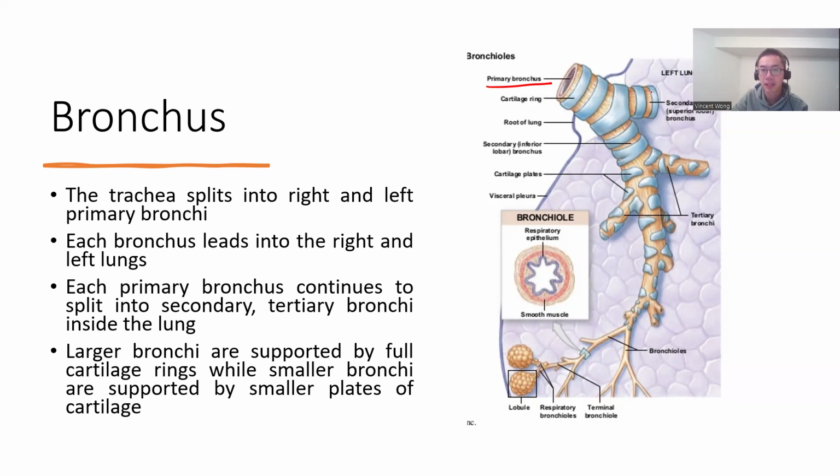You have the secondary, tertiary, and once you get down to the tertiary, you have these little plates that I was trying to tell you about. Then it further branches and becomes the bronchioles, and then we have the alveoli at the very end. I know it says lobule, but we'll just say alveoli. Alveoli is plural for alveolus.